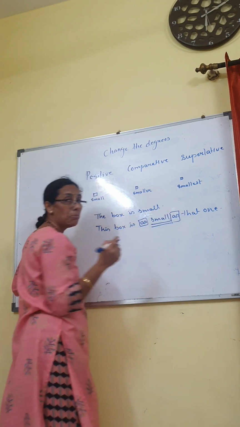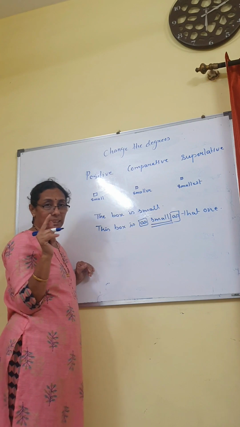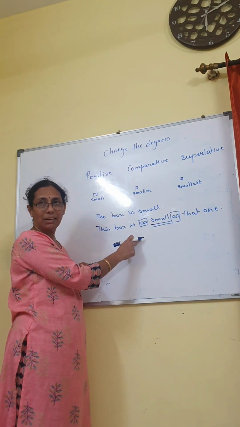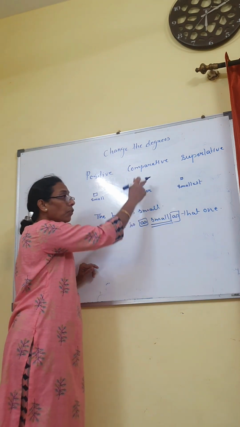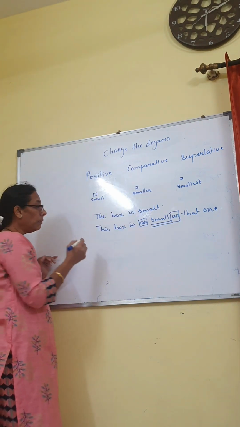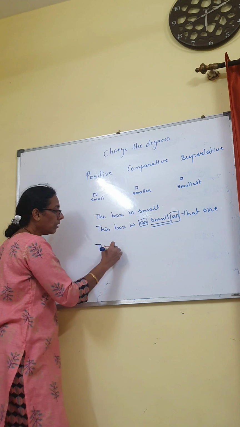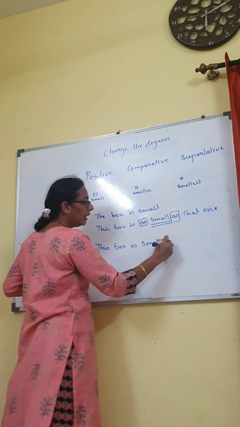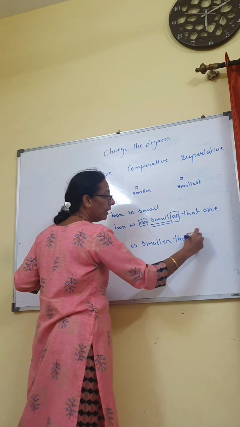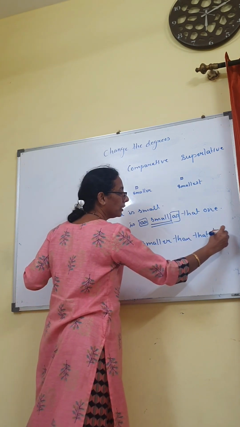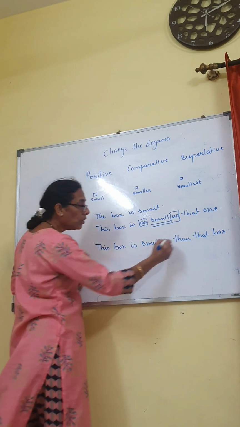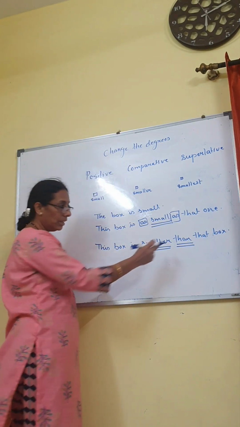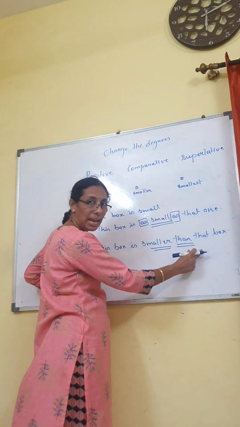As. Many times in fill in the blanks you have this question where students generally get confused. Then for comparative degree, this box is smaller than that box or that one. So what are you supposed to use with comparative? Than. You have to use smaller than.